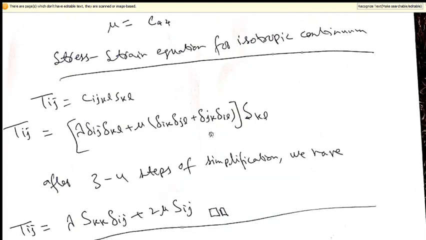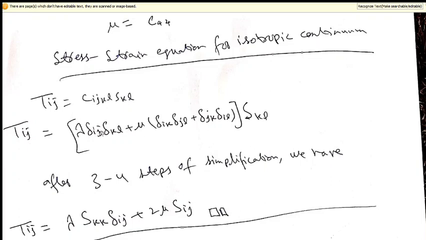Now we will write the stress strain equation for an isotropic continuum. This is the stress strain equation. By putting the values of this Cijkl for isotropic, we have this Skl here. Now what you simply have to do is multiply this into the brackets.